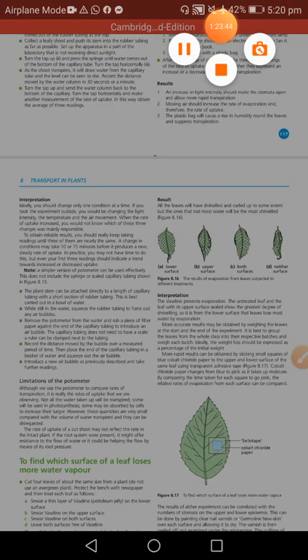This causes the salt concentration in the guard cell to increase and the water potential in the guard cell to decrease, and therefore water moves from the surrounding cell into the guard cell by osmosis. This causes a turgor pressure on the guard cell, and the guard cell then expands to open the pore of the stomata.